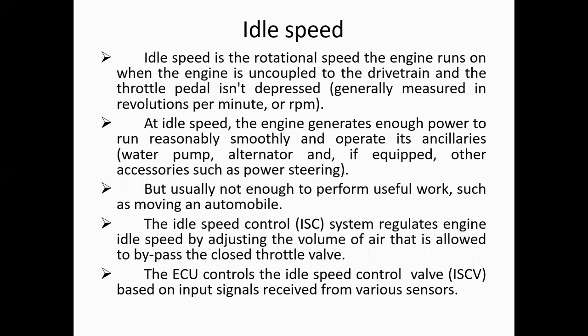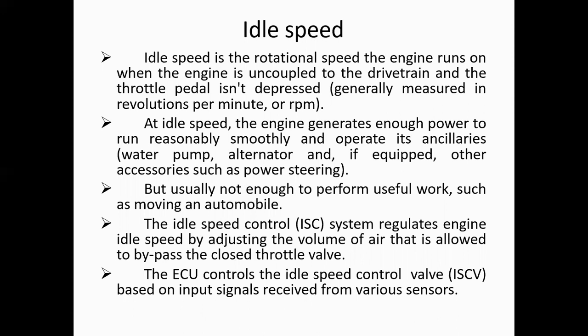Then idle speed. The idle speed is the rotational speed the engine runs at when the engine is uncoupled from the driver and the throttle pedal is not depressed. It is generally measured in revolutions per minute, or RPM, but is usually not enough to perform useful work such as moving an automobile.